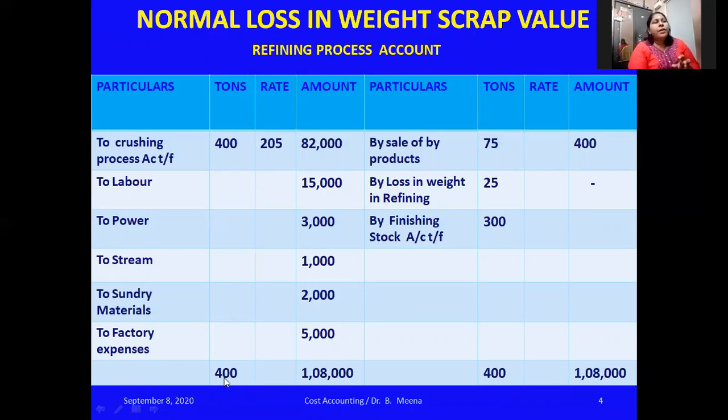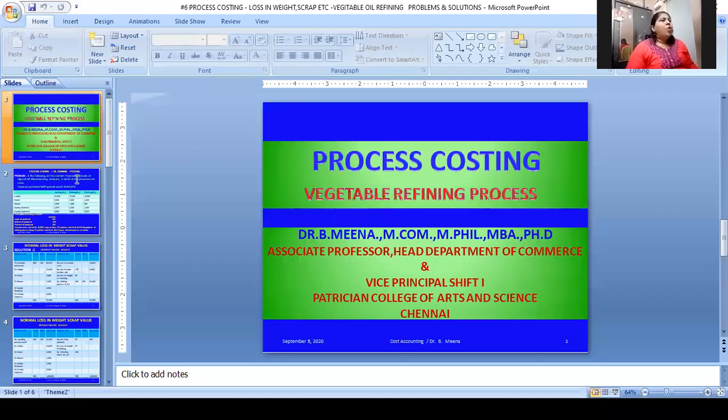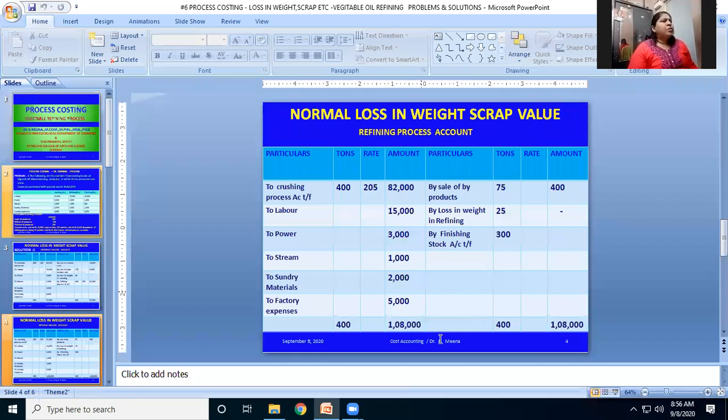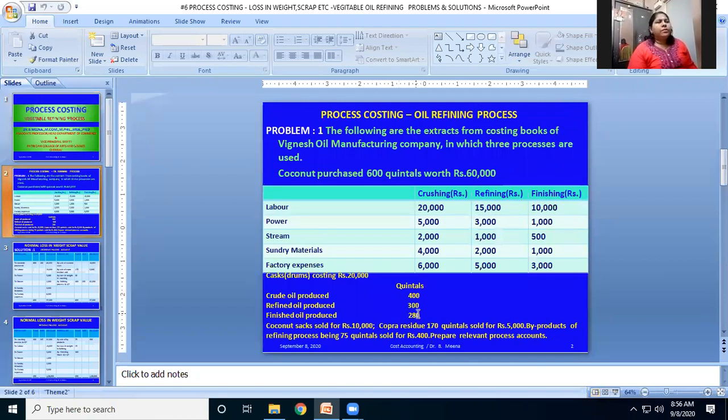So 400 tons is the input. Okay. And then sale of byproducts is coming 75. And what is the output for this process, refining process, given as per this problem? Now check out the output in this problem is, what is that? 300. The output in this problem is 300, right?